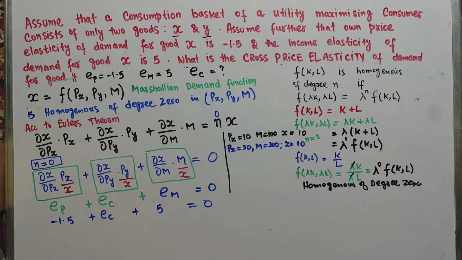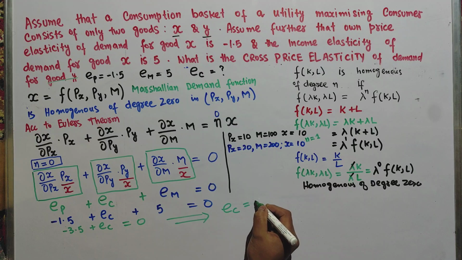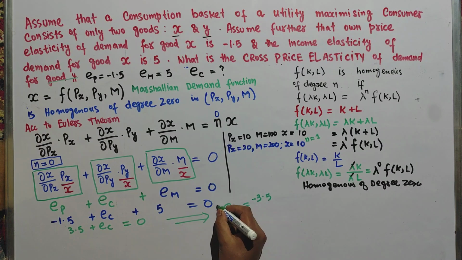So 5 minus 1.5 comes out to be 3.5, plus cross price elasticity of demand should be equal to 0, which implies cross price elasticity of demand will be equal to, transposing it, minus 3.5.